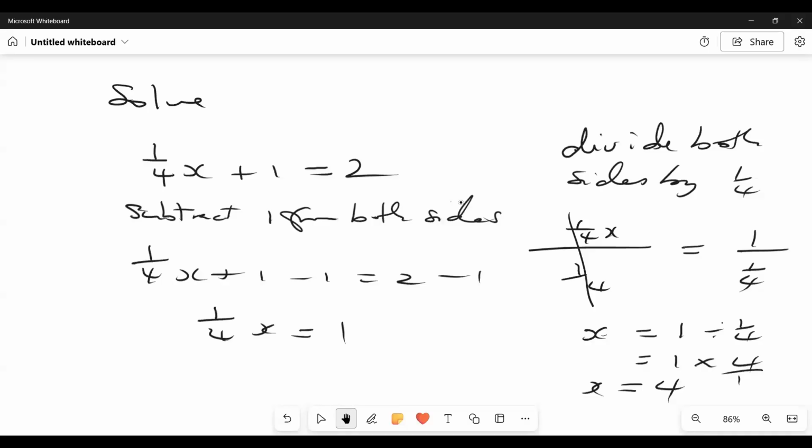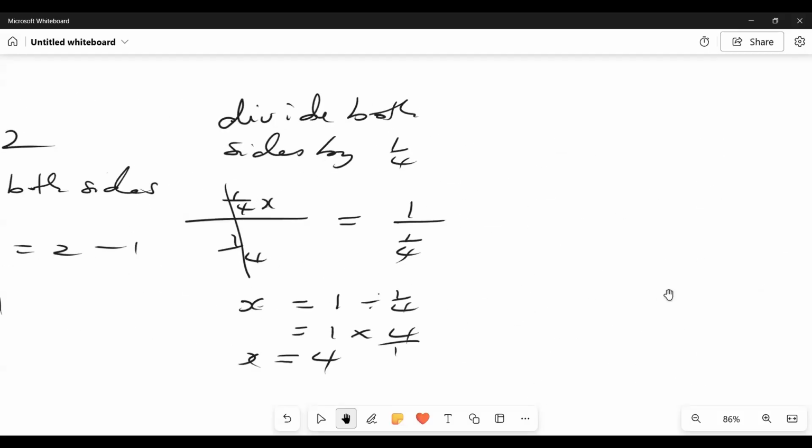All right, all right. It can get complicated. Let me show you a very complicated one. So you get 1/3 x minus 1 equal to a quarter x plus 2. Right?